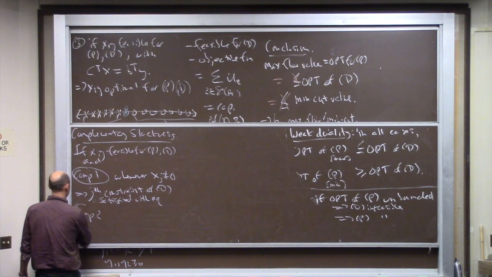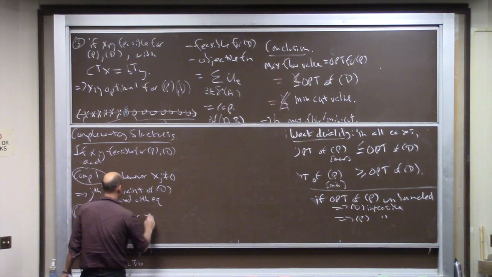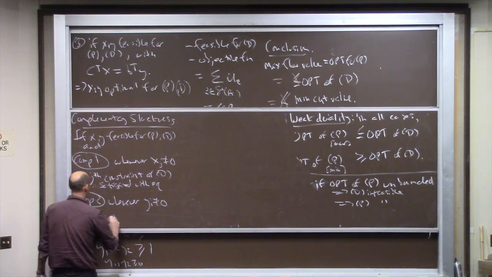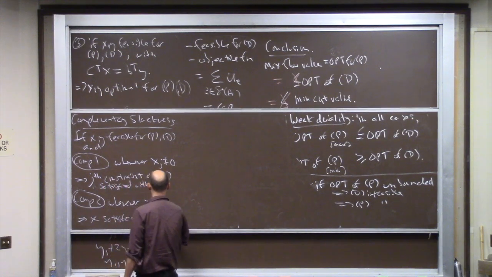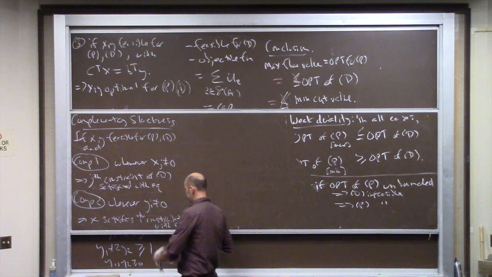And then the other condition is just the reverse. So whenever yi is not equal to 0, x satisfies the ith constraint with equality.